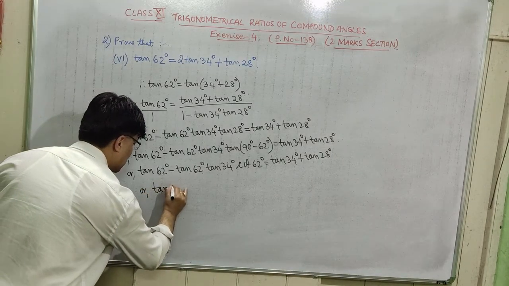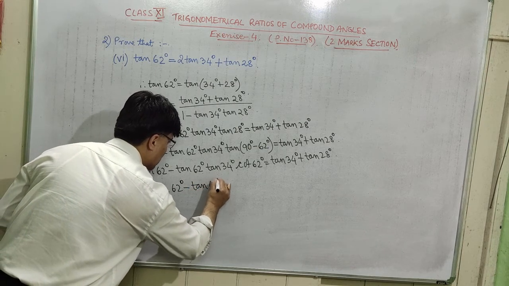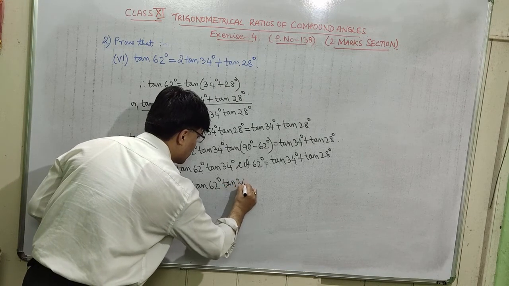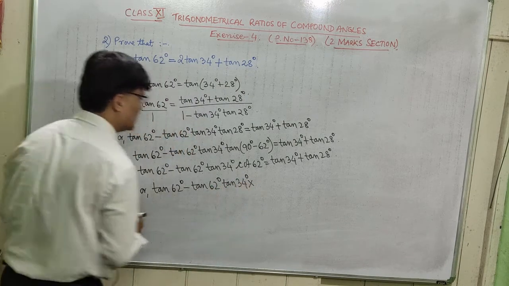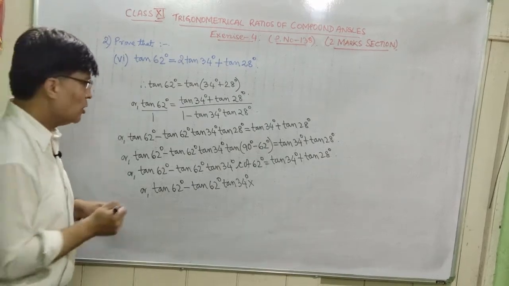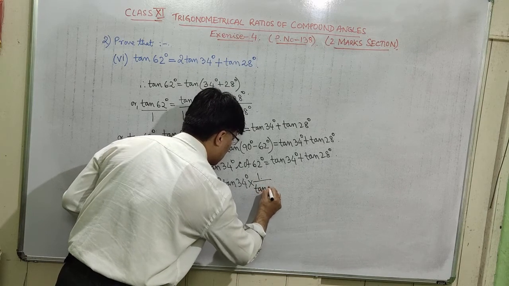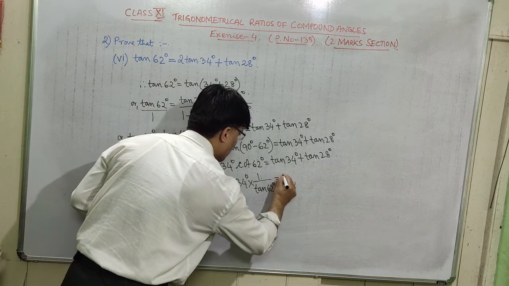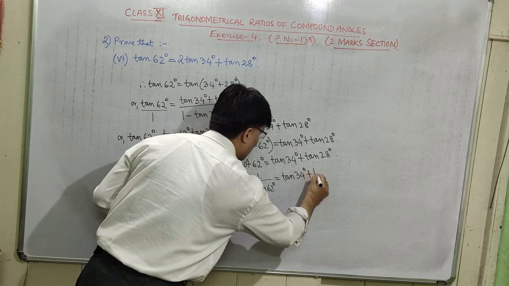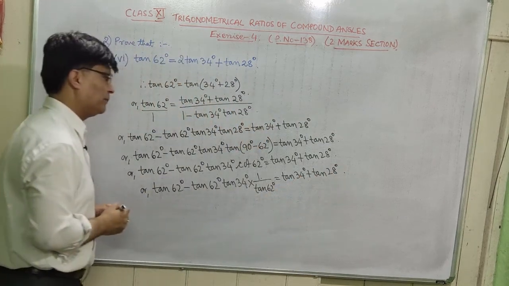Now this is tan 62 degree minus tan 62 degree kept as it is. Tan 34 degree is also kept as it is, but what is cot 62 degree in terms of tan? You can write it in terms of tan, that is 1 upon tan 62 degree, which is equal to tan 34 degree plus tan 28 degree.